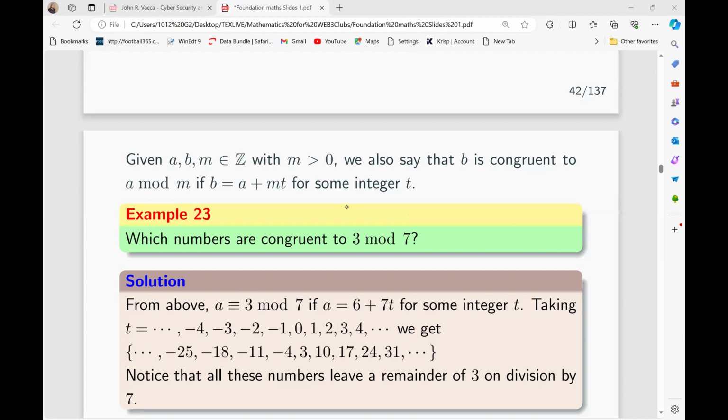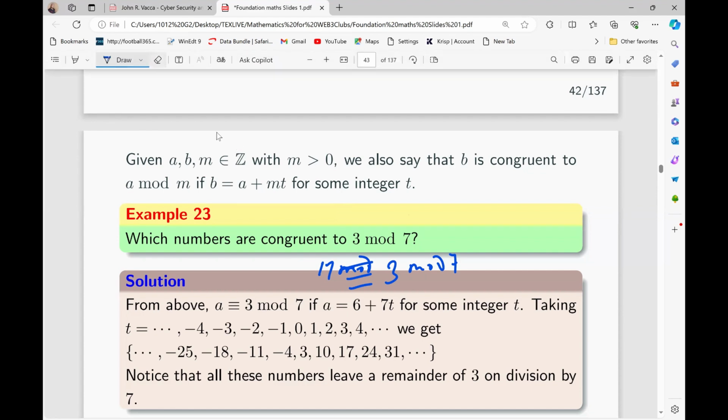In fact, the other number could be 17. 17 is congruent to 3 mod 7, because 17 minus 3 is 14, and 7 can divide 14. It's one of the numbers. But how do we get all the numbers? Because we said there are so many.